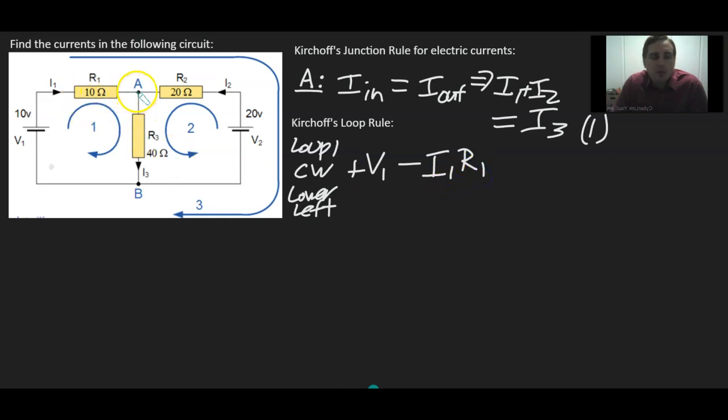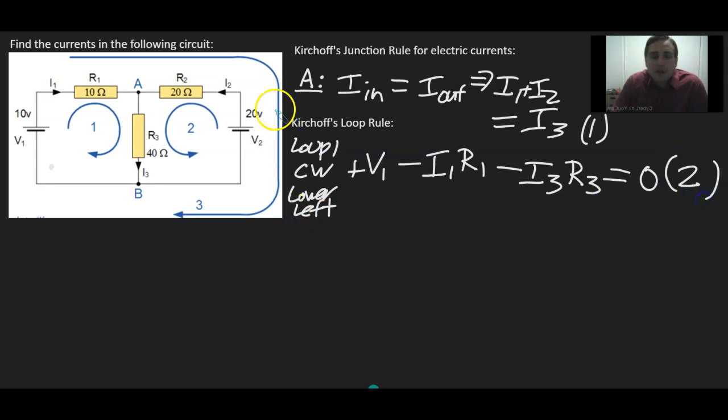Then we hit junction point A. Then we come down across resistor 3 with the current. So we lose energy. That's minus I3 R3. And then we're still wire all the way back to where we started. So that should equal 0. Okay, that's our second equation.